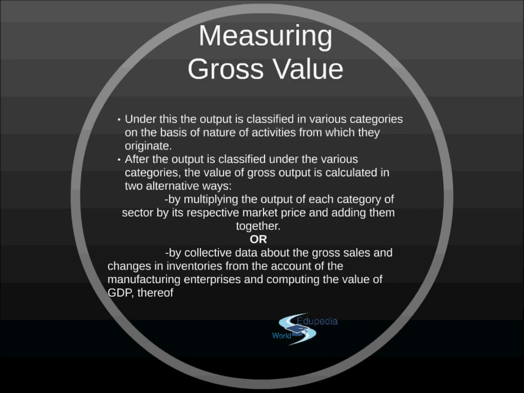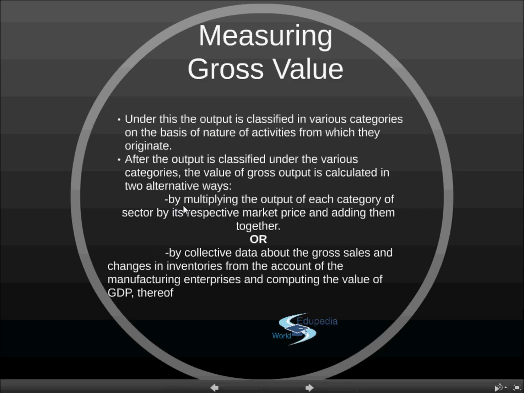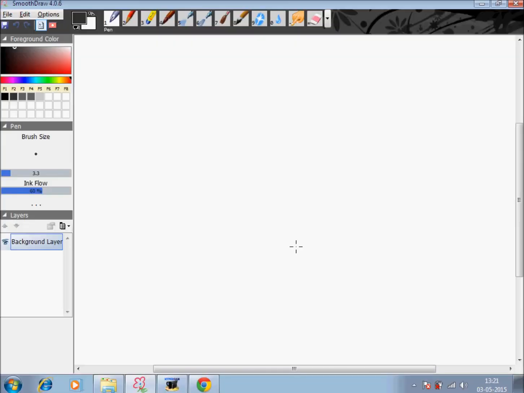Now after the sectoral classification has been done, we take out the gross output, and it can be calculated in two ways. The first method is by multiplying the output of each category of sector by its respective market price and adding them together. For example, we talk about the agriculture sector, and we get data that 10,000 units have been produced and the price of each unit is say $10.